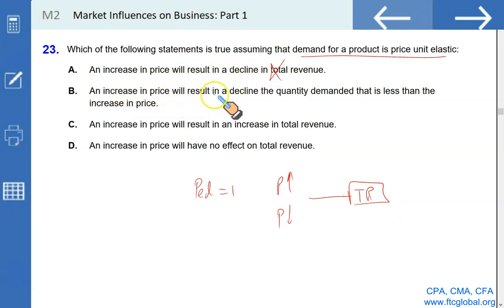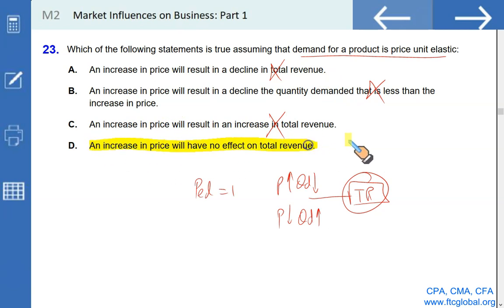An increase in price will result in decline in quantity demanded that is less than the increase in price, wrong. If the price goes up, quantity demanded falls proportionally. And if the price is decreased, the quantity demanded increases proportionally, resulting in the same total revenue, wrong. An increase in price will result in an increase in total revenue, wrong. An increase in price will have no effect on total revenue. That's exactly what I was saying. D is the right option.